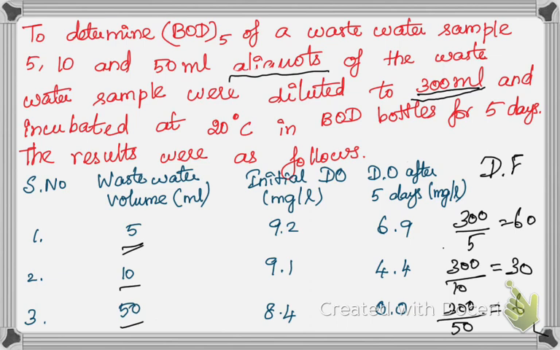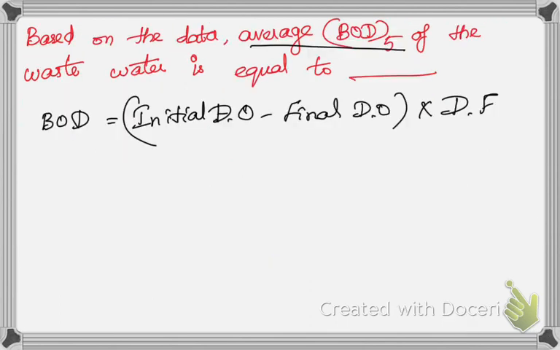Now I'll take this as case 1, this as the second case, and this as the third case. For each case we are going to determine our BOD using this formula.